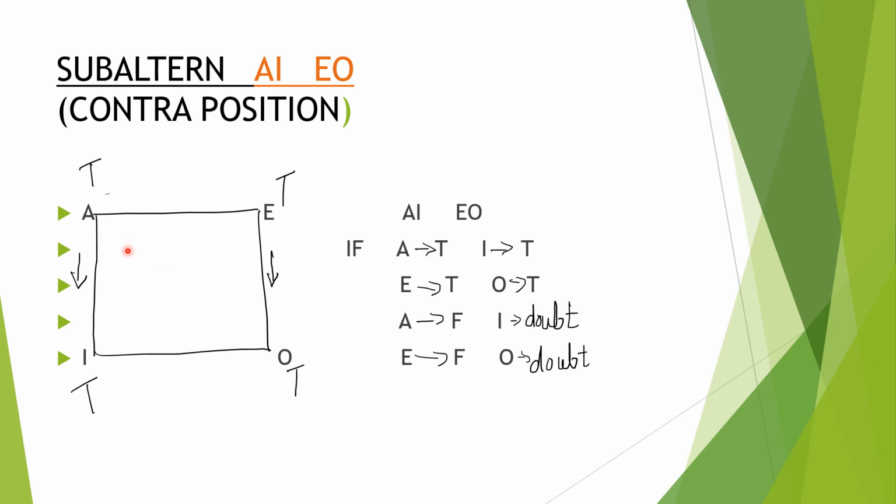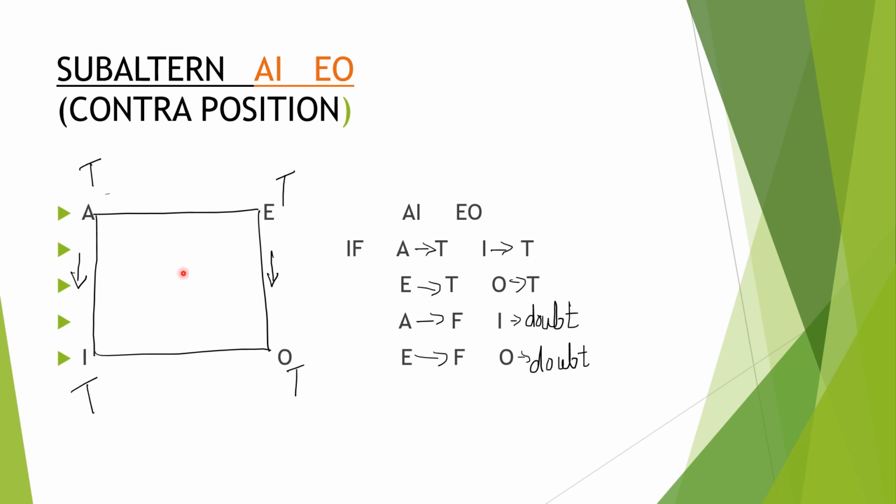If A is false, then I is doubtful. If E is false, then O is doubtful. This is called subaltern. Sideways is called subaltern.